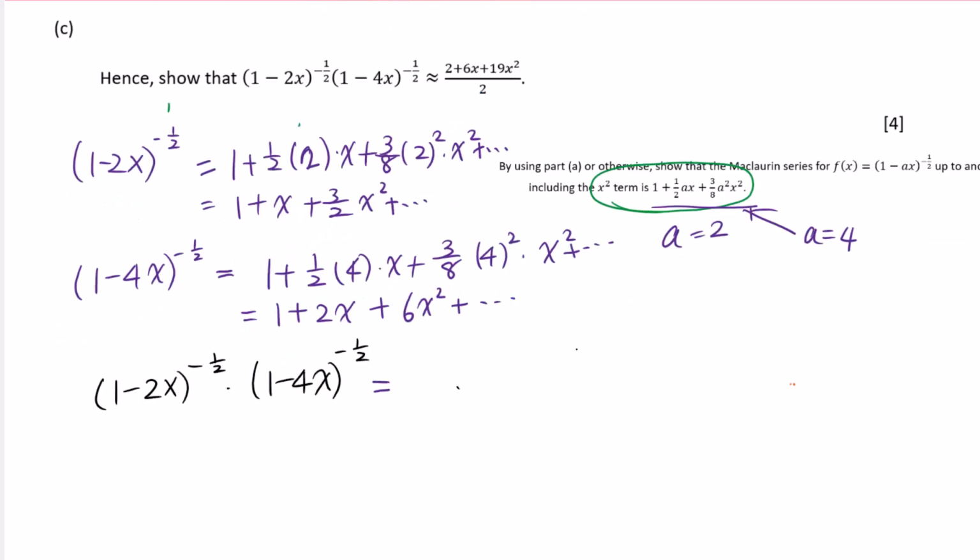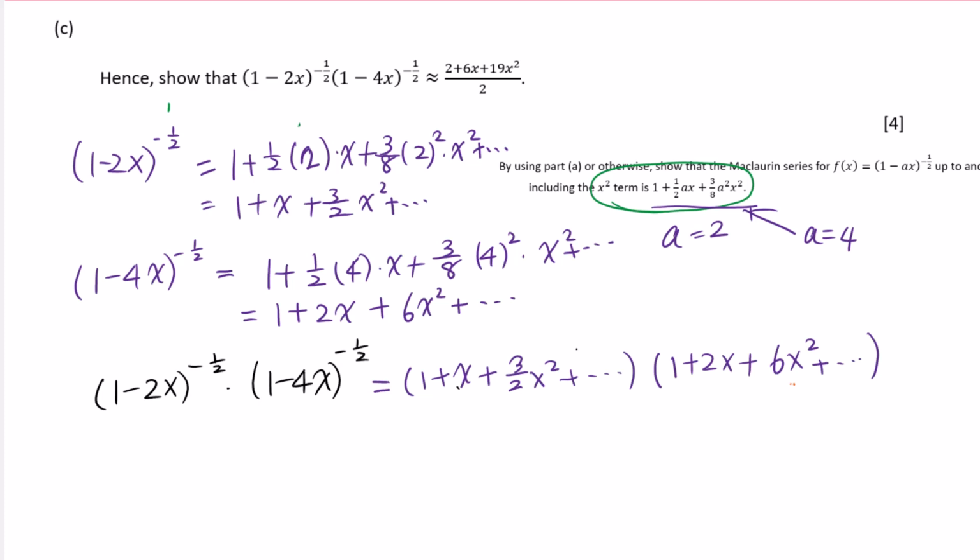So 1 minus 2x to the power of negative 1/2 times 1 minus 4x to the power of negative 1/2 equals 1 plus x plus 3 over 2 x squared times 1 plus 2x plus 6x squared.